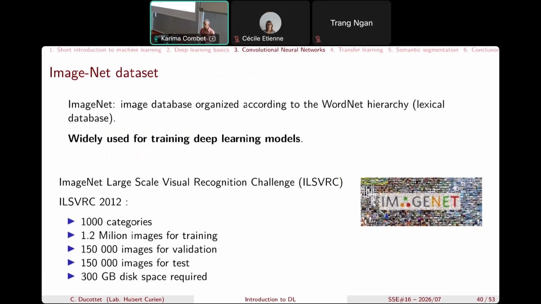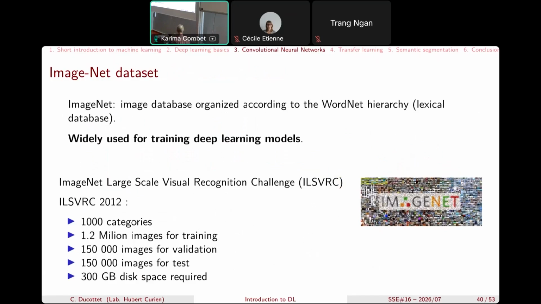I also spoke about ImageNet. What is it? It is a big image data set, which has been built over the WordNet hierarchy.